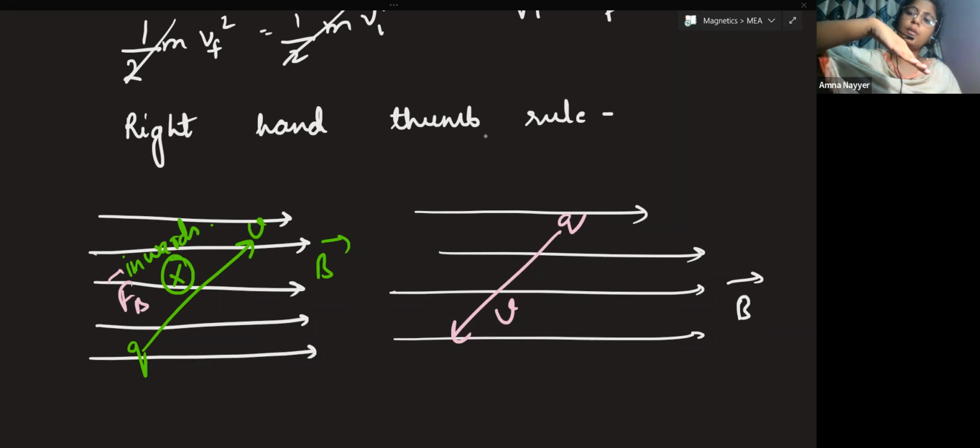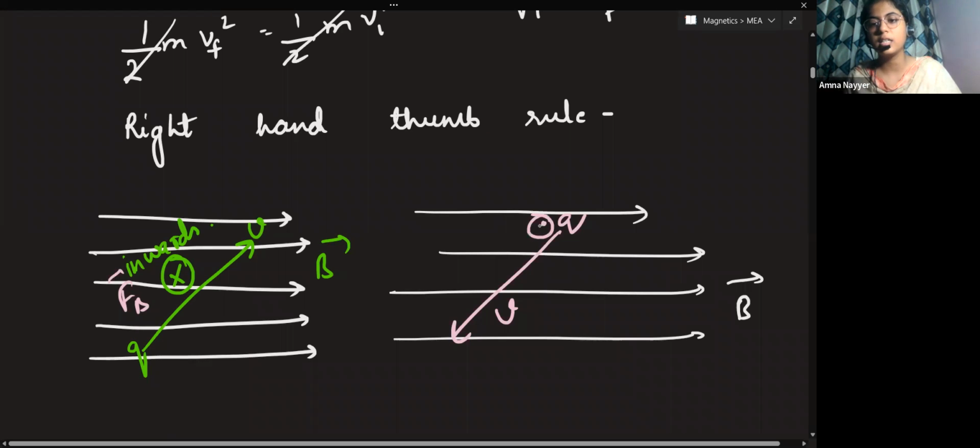Not exactly downwards, basically slightly towards the left hand side, but pointing downwards like this. And then curl along the magnetic field. Where is the thumb? The thumb is going towards me, that is out of the screen. So the force becomes outwards. For this charge, the force becomes outwards. This is the direction of force.